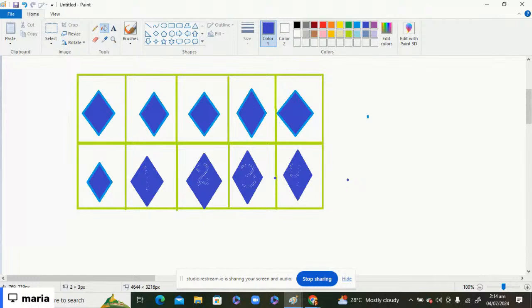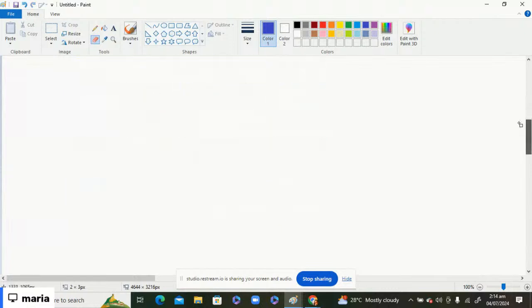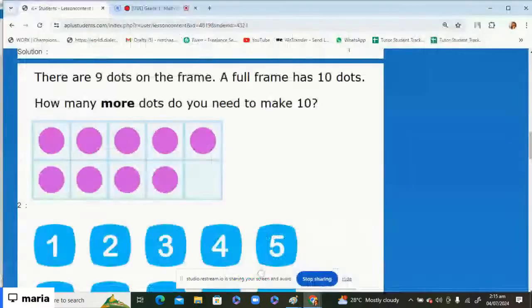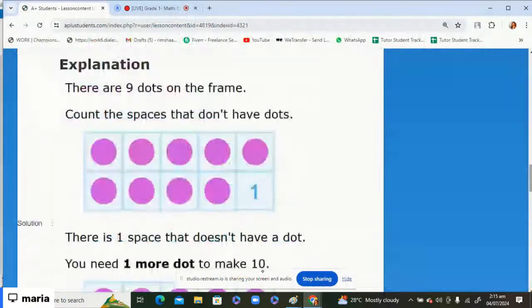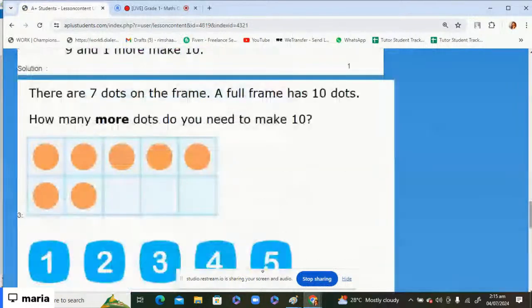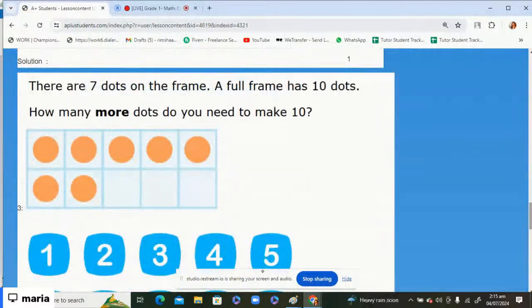Now let's take another example from there. There are 7 dots on the frame. How many total dots are there? 7. And a full frame has 10 dots.